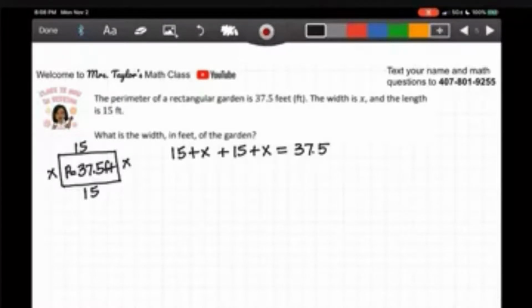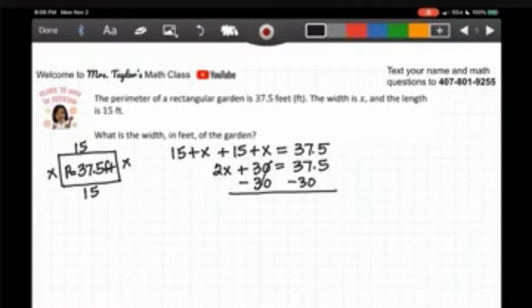So combining like terms, I get 2x plus 30 is equal to 37.5. Now I just need to solve the problem. I'm going to subtract 30 from both sides.